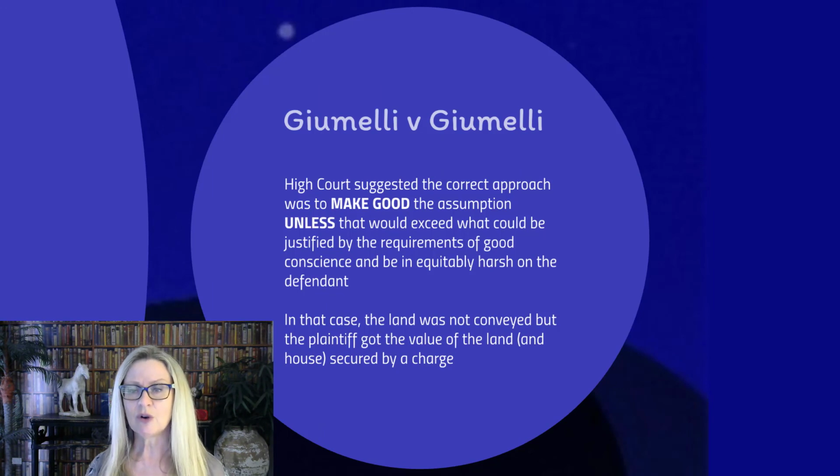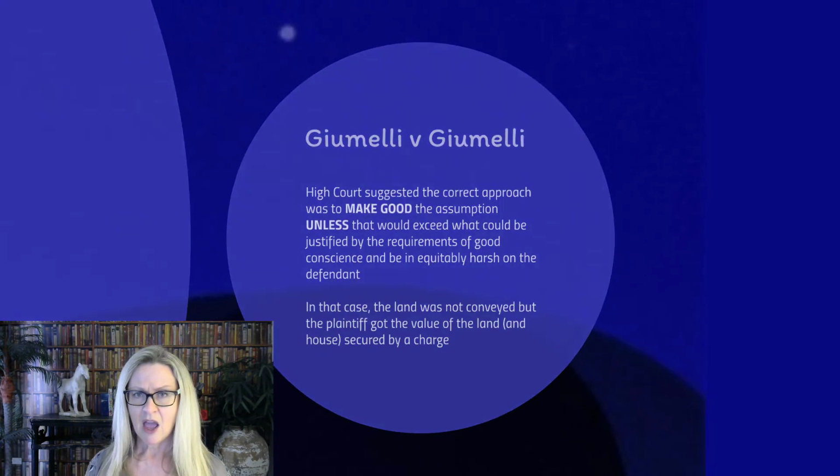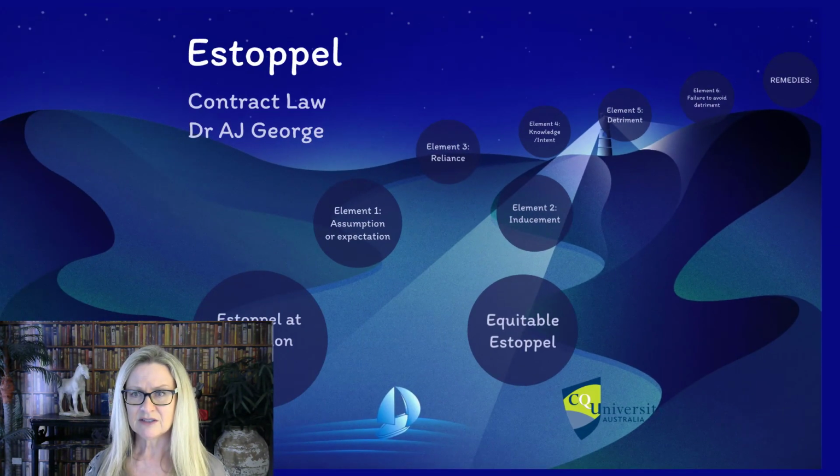The land was not conveyed to the plaintiff, which is what they wanted, but they got the value of the land instead secured by a charge. So at least we have a bit of common sense prevailing, maybe not common sense, but I guess good conscience prevailing in the default position now as to remedies. And that is the notion of estoppel.